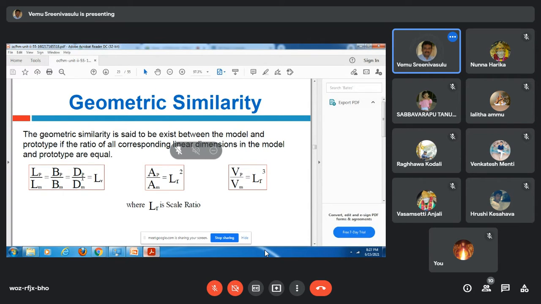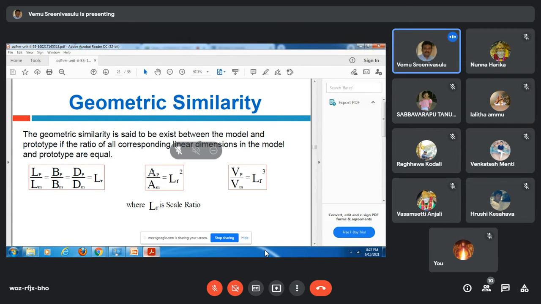If you hold a corner and pull, it will enlarge geometrically, and reduction will also take place geometrically. Otherwise, if you take one side and pull, then the picture will have different dimensions. Got my point? Okay. So similarly here also, the length ratio, breadth ratio, and depth ratio should be equal. Then only we call it geometric similarity.